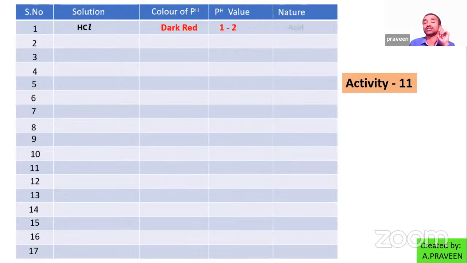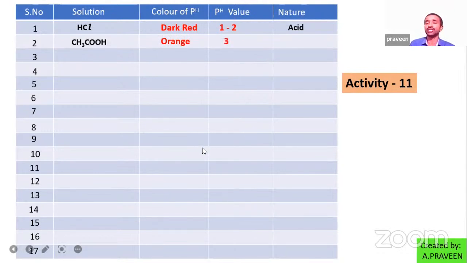So nature is acidic. Then the next one we are taking is acetic acid. That acetic acid sample we can take into the watch glass or with the help of a dropper. What is the color here? Red or orange. For that, the value assigned on the pH indicator is 3.